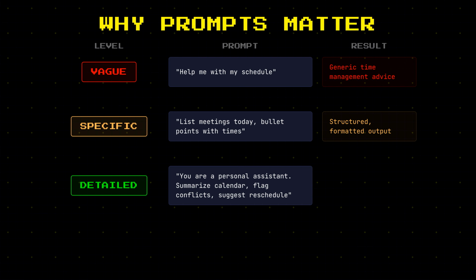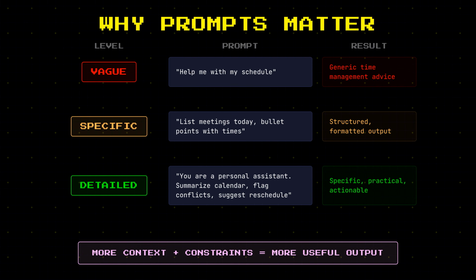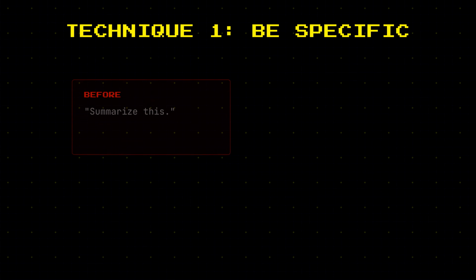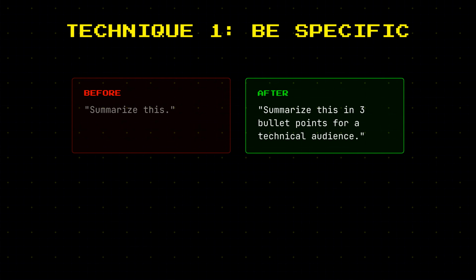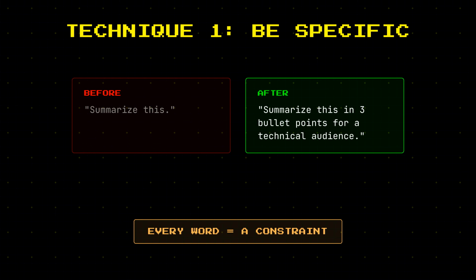The user has a busy day. Summarize their calendar, flag any conflicts, and suggest which meeting to reschedule if they're double booked." And now you get something specific, practical, and actionable. More context, more constraints, more useful output. Instead of "summarize this," say "summarize this in 3 bullet points for a technical audience." Every word you add to a prompt is a constraint, and constraints produce better output.